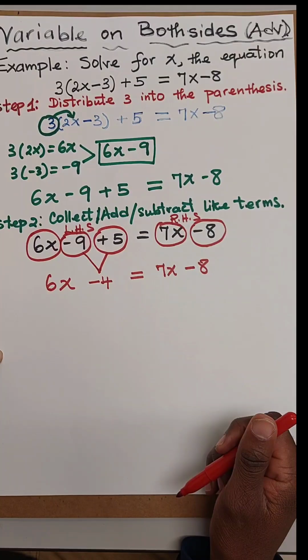Okay, so when like terms occur on opposite sides of the equality sign, we can collect them together by subtraction or addition.